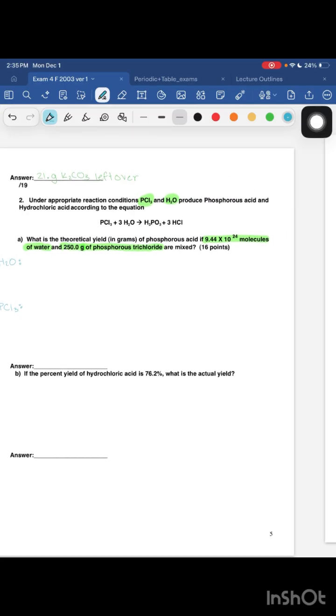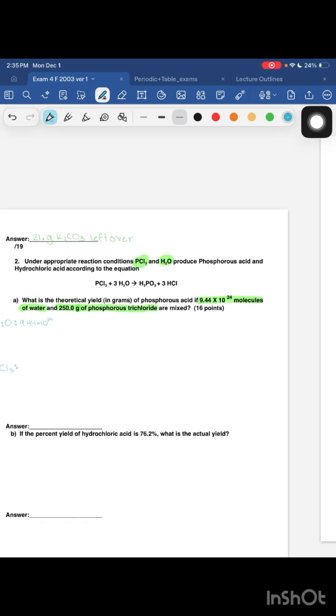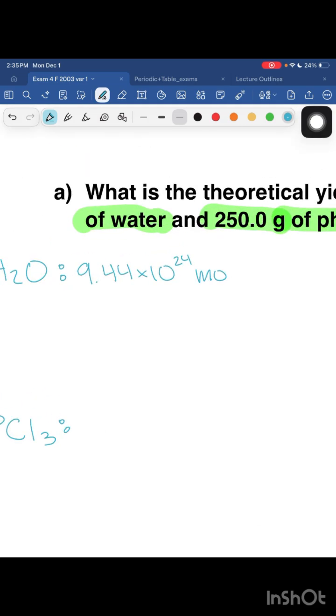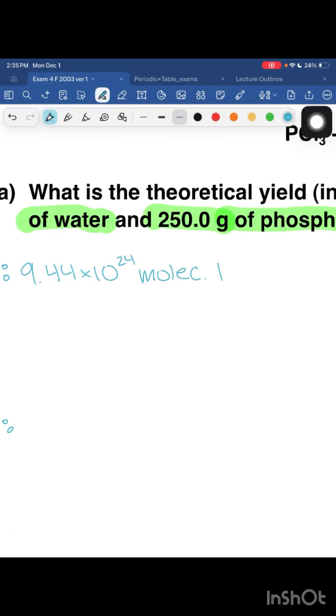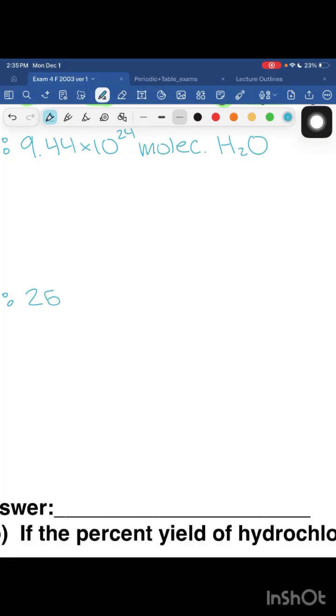Water says we have 9.44 times 10 to the 24, yeah, molecules of water. And we've got 250.0 grams of phosphorus trichloride.